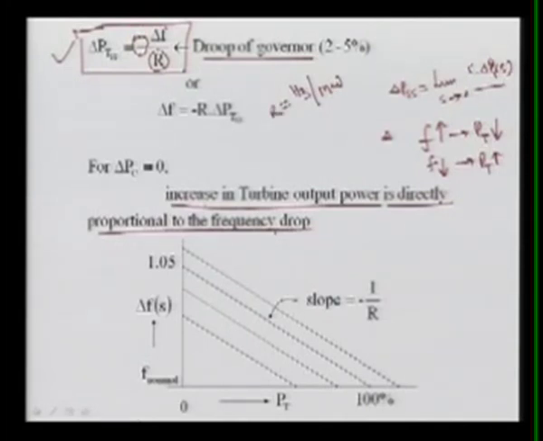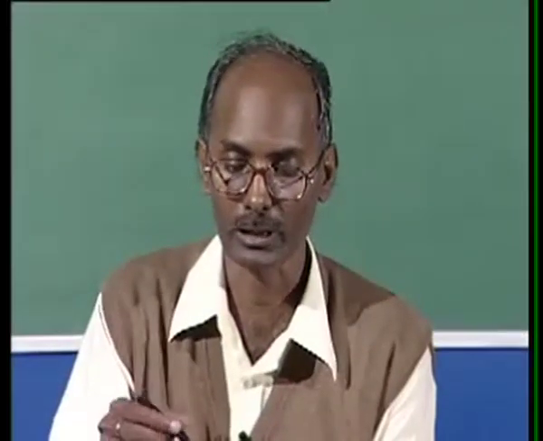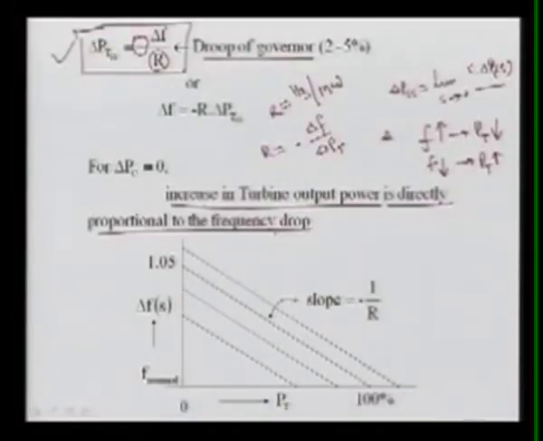Why? Here R is nothing but your change in F divided by change in power. Of course it is a negative sign. So the unit is not related to the plus and minus sign, but it relates to the variables that are coming into the picture. So this is the frequency, this is your power, so hertz per megawatt is the unit in actual value.